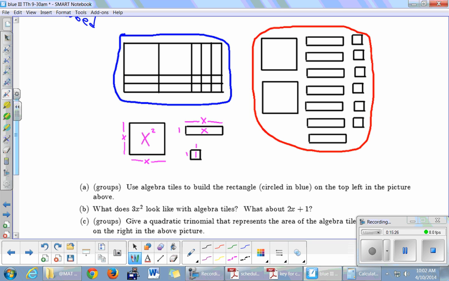You can put those yellow cubes back in. We're only going to be using the thinner square ones. Okay, let's take a look. Part A says use the algebra tiles to build the rectangle circled in blue on the top left in the picture above. You don't have colors on yours, but top left is this one up here. So you're just going to use the pieces that we pulled out and physically make one copy of that shape. We just need at least one copy.